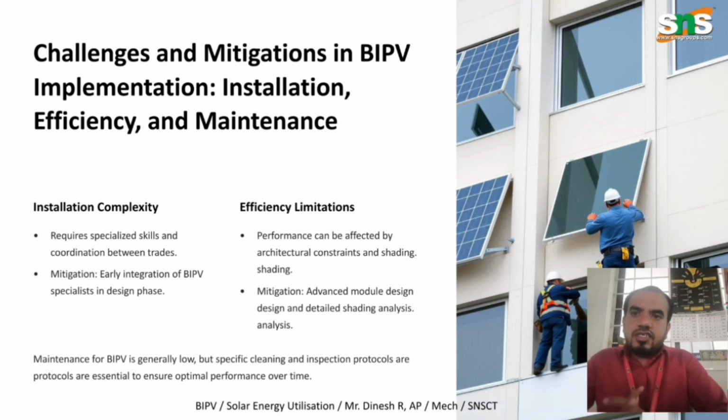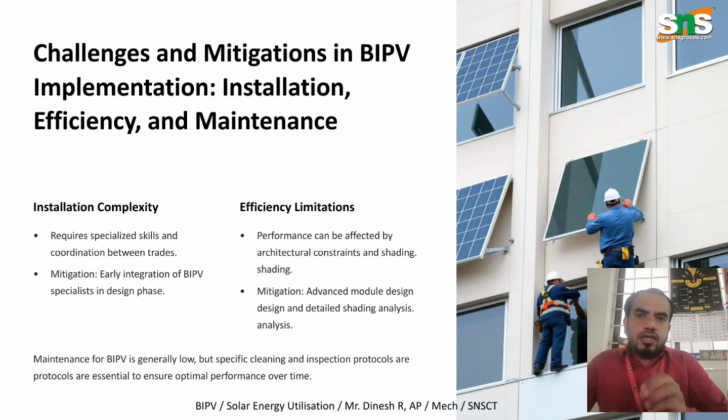And then efficiency limitations. Performance can be affected by architectural construction and shading. While we construct, we have to expose the PV cells directly to the sunlight. If the building construction is not in that way, it will reduce the overall energy generation.